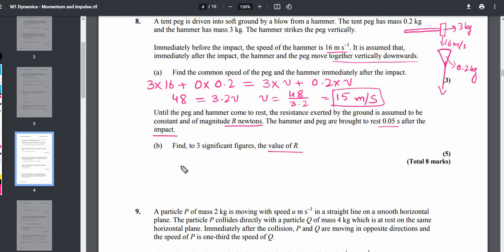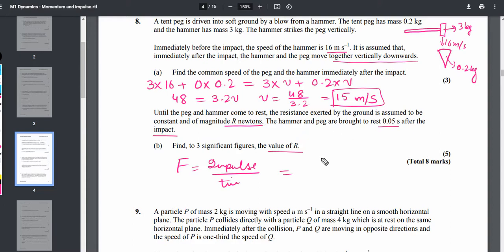As I've told you, the force is equal to impulse over time. Now we have to find the impulse. So the impulse will be final momentum minus the initial momentum.